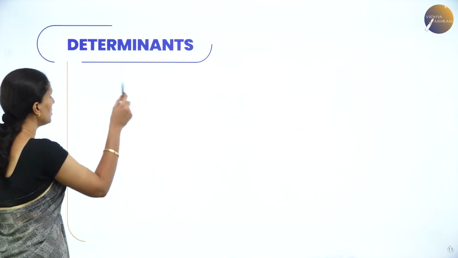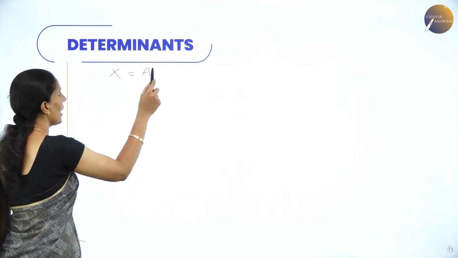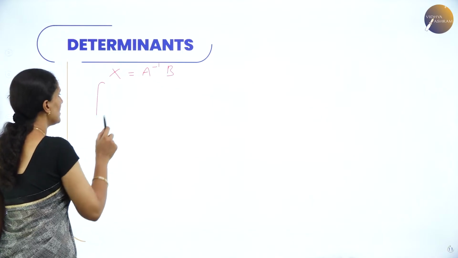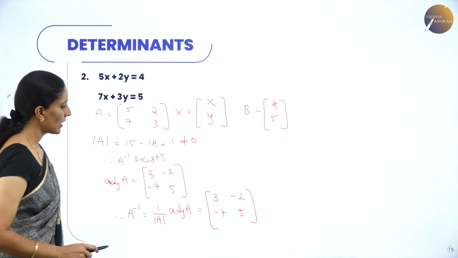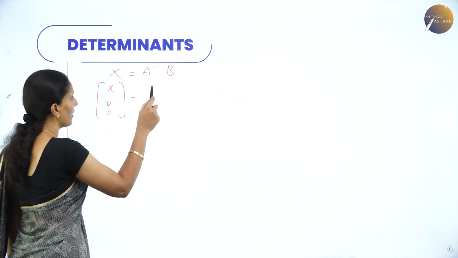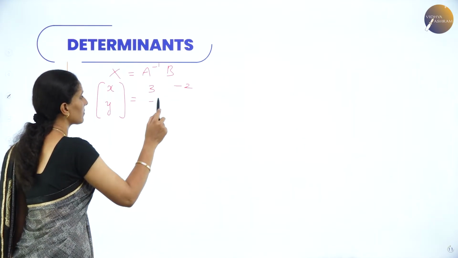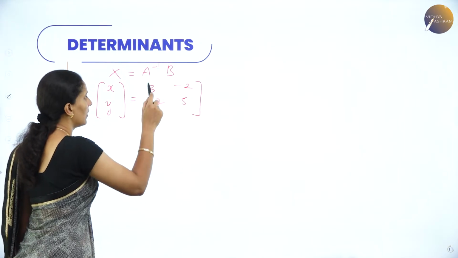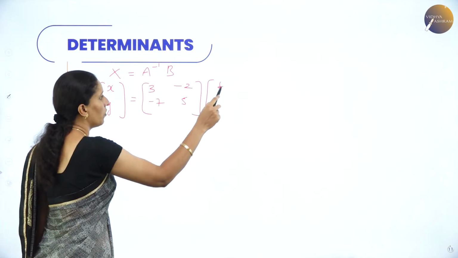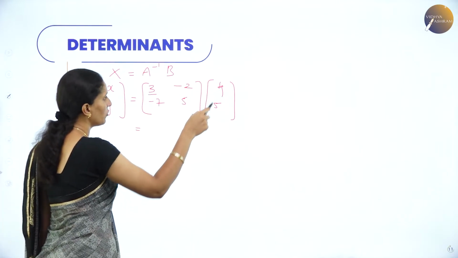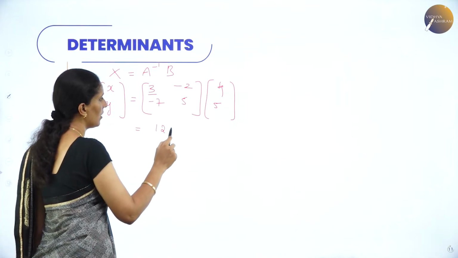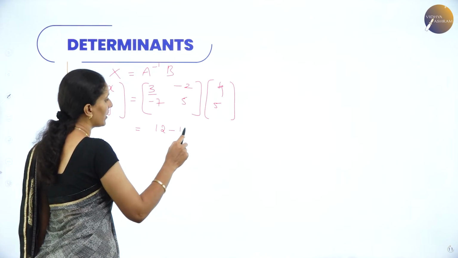Let's take the solution. X is equal to A inverse B. X is x and y, A inverse is 3, minus 2, minus 7, 5, and B is 4, 5. Multiply the first row into the first column: 3 4s are 12 minus 5 2s are 10.